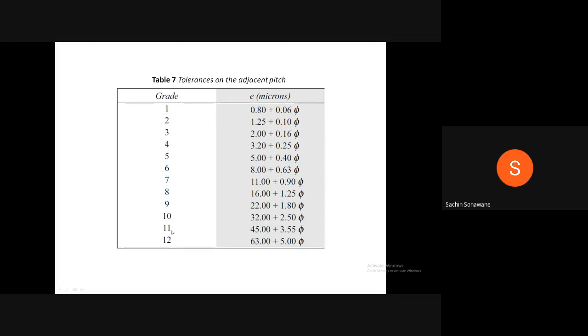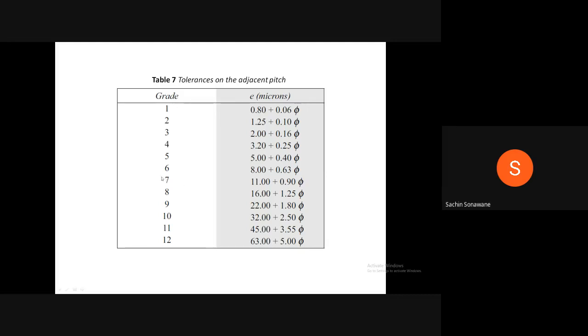The value of E in microns for grade 1 is 0.8 plus 0.06 phi, for grade 2 it is 1.25 plus 0.15 phi, for grade 3 2 plus 0.165 phi, for grade 4 3.20 plus 0.255 phi, for grade 5 5 plus 0.45 phi, for grade 6 8 plus 0.635 phi. These grades are provided in the problem, the statement is like this: gears are manufactured by using grade 7.